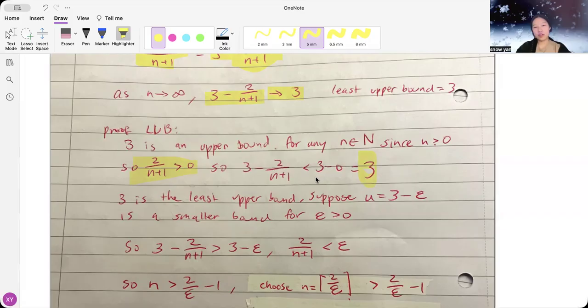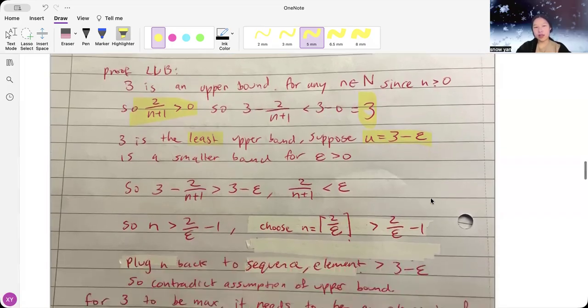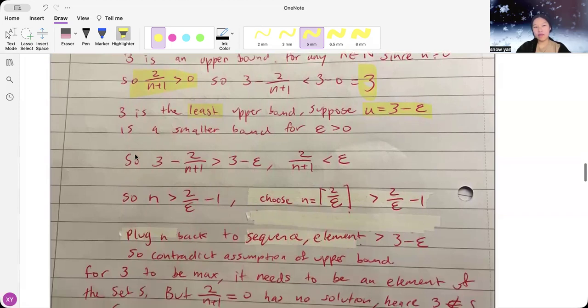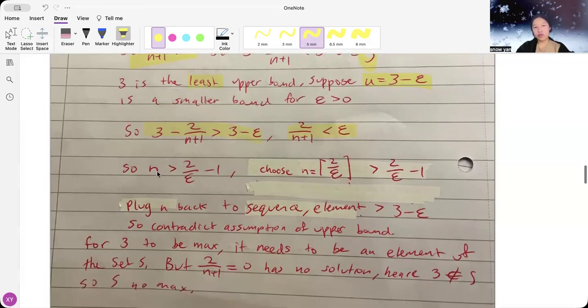And to show that it is the least upper bound, we suppose that u is equal to 3 minus epsilon, a smaller bound, for epsilon greater than 0. And then we show that, if it's in this form, this inequality must hold. Rearranging that, we get that n is greater than this.